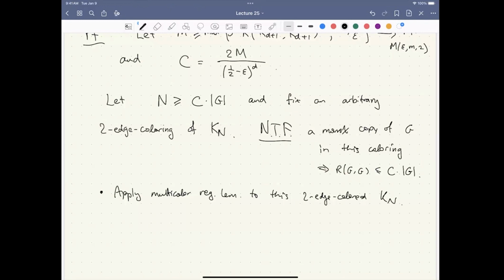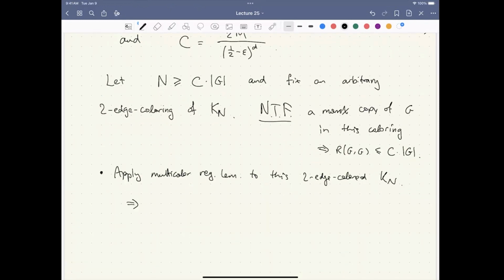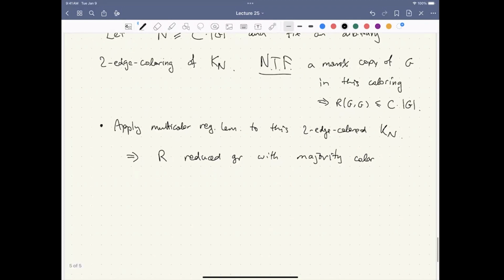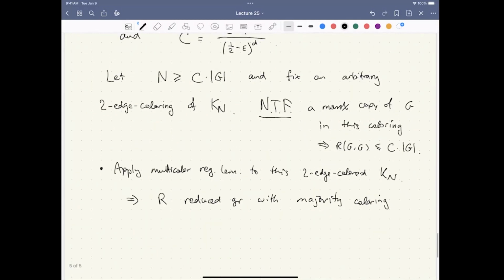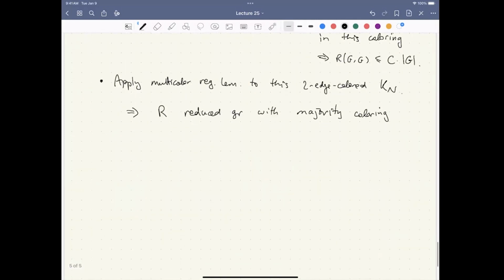We apply the regularity lemma, then we get the reduced graph R. R is the reduced graph with majority coloring. Now, first thing, if we forget about the colors on the edges of R, just count the number of edges of R. How many edges in R?